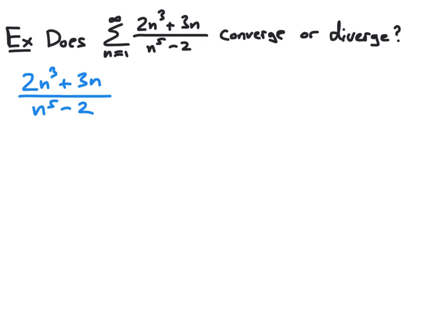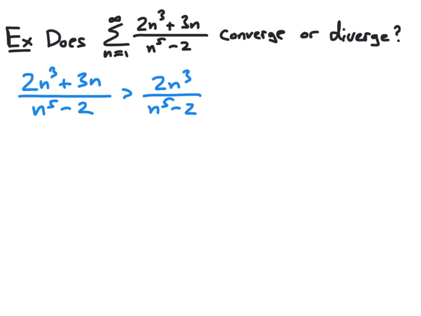In this case, we can focus on the leading terms of our numerator and denominator. And so if we remove the 3n in the numerator and are left with just 2n cubed over (n to the fifth minus 2), we know that the given term is going to be greater than this, because 2n cubed plus 3n is greater than 2n cubed.